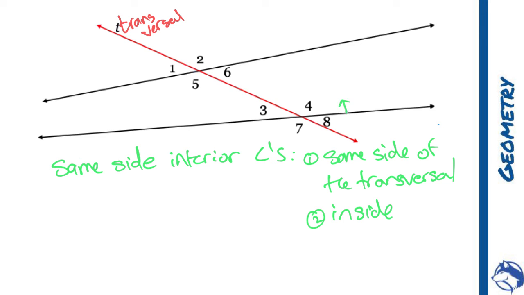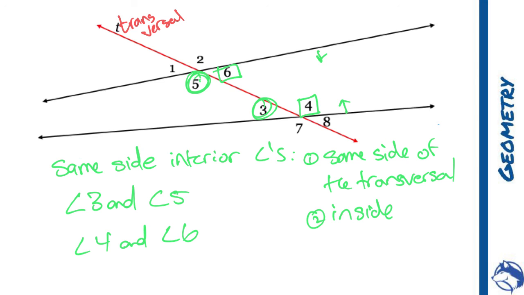So, like I said, I'm choosing ones from the inside. If I chose 3, the one that ends up on the same side of the transversal is angle 5. The 4 is the other interior angle that I can choose, and the 6 is on that same side, so it's angle 4 and angle 6.